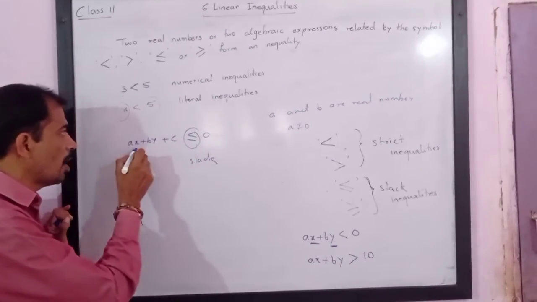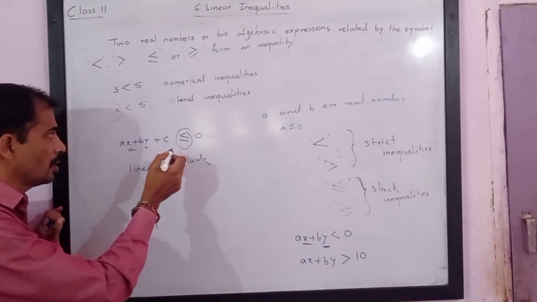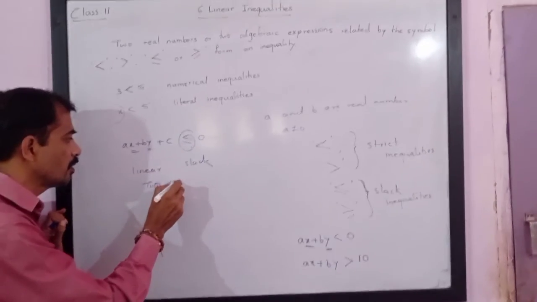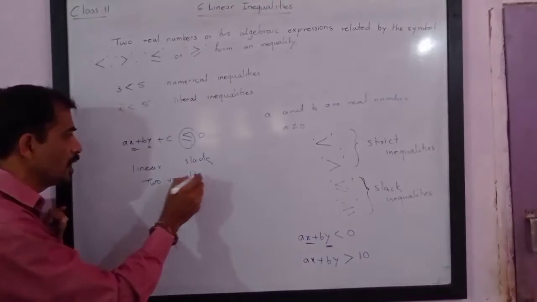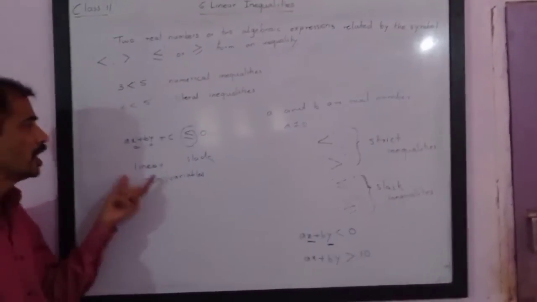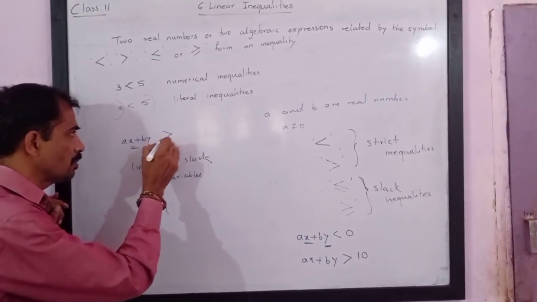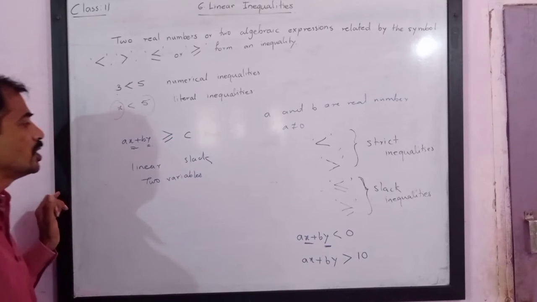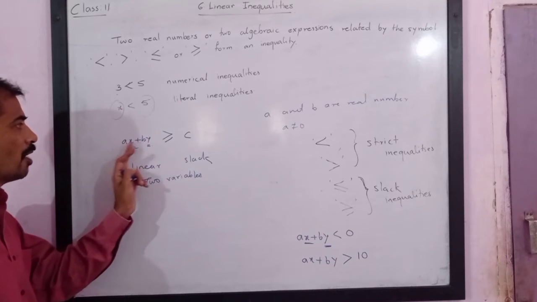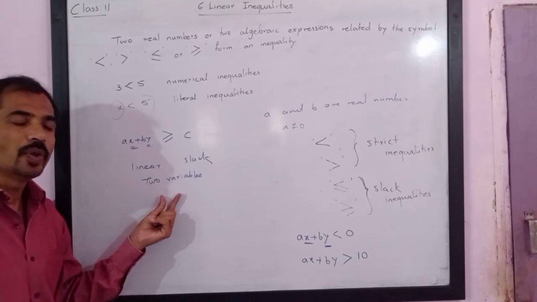The power is 1, so it is linear, and two variables exist. It means it is a slack linear inequality in two variables. If the relation is ax plus by greater than equal to c, then also it is slack linear, since the power is 1. It is a slack linear inequality in two variables.